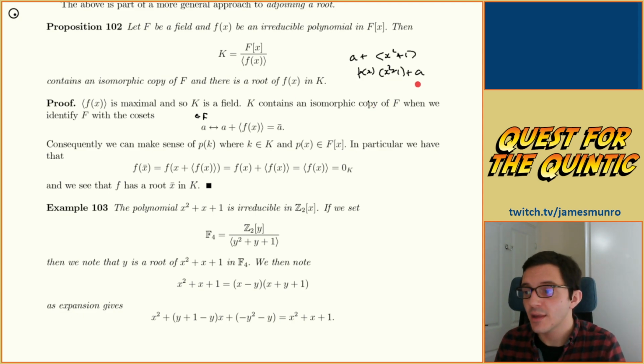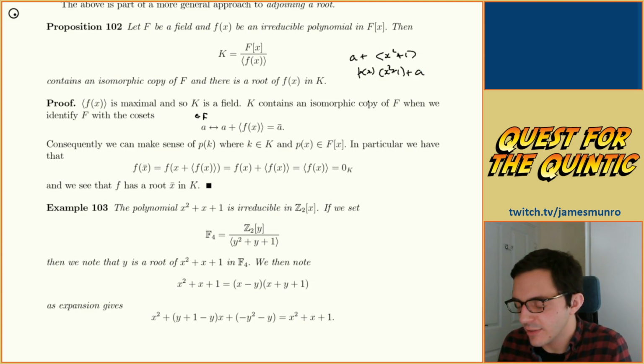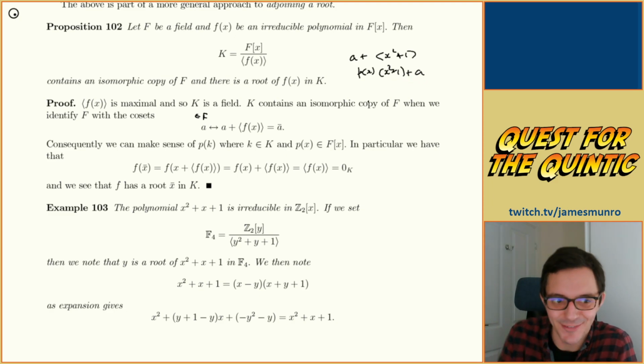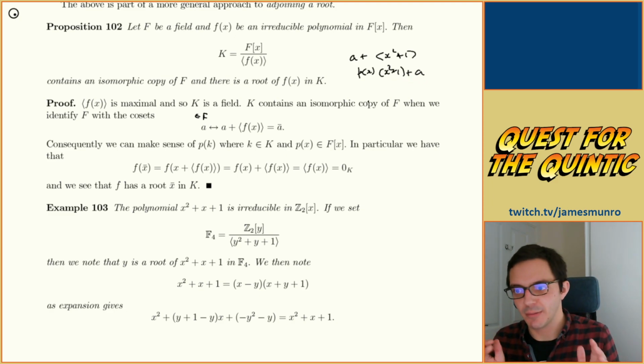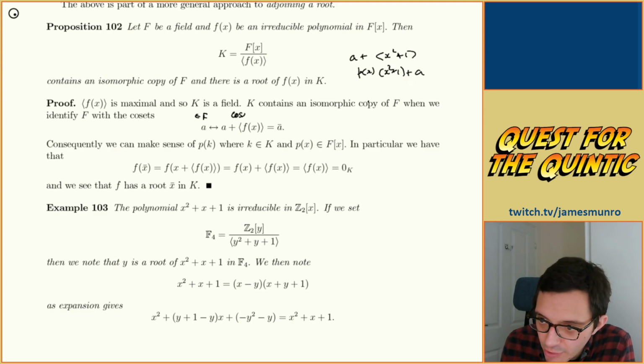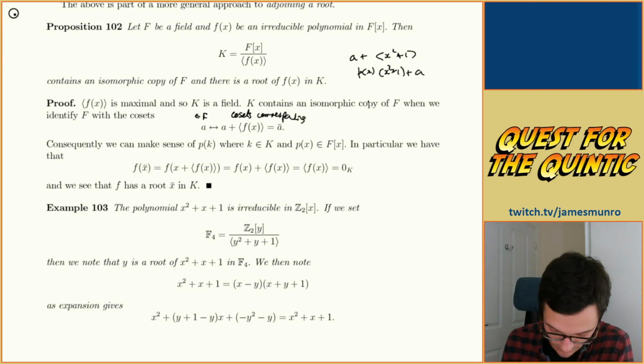K's massive, but in particular it contains things where you add a. So they are the constant polynomials after all this, kind of. The constant polynomials don't actually live in the quotient ring, but the cosets corresponding to those constant polynomials do. So these are cosets corresponding to constant polynomials.